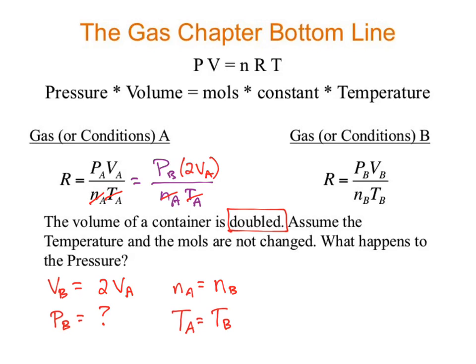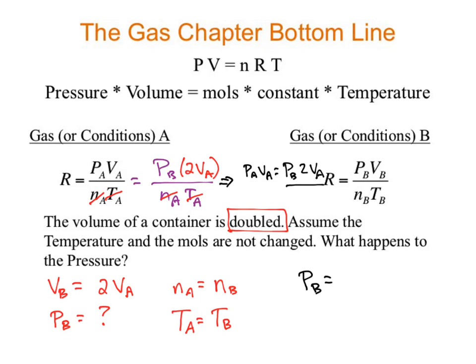The expression that I'll end up with, PA VA equals PB times 2 times VA. What did I want to solve for? PB, so what do I got to do?